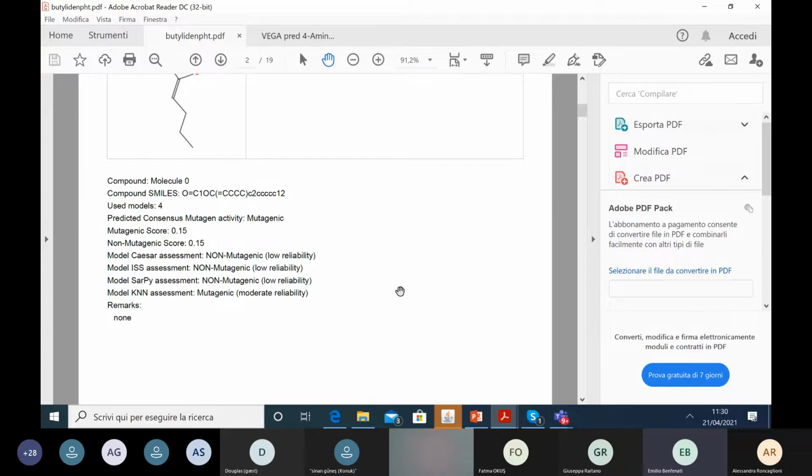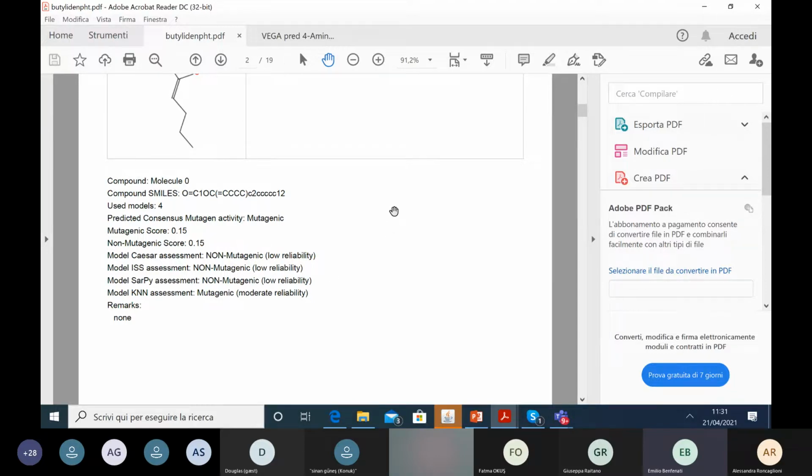There are different ways to integrate. In some software, simply make the majority vote. In this case, the result would be non-mutagenic, 3 versus 1. There are other ways to integrate the results which prefer to say, okay, I have 3 models with low reliability, I have 1 model with moderate reliability. I disregard this and I prefer this.